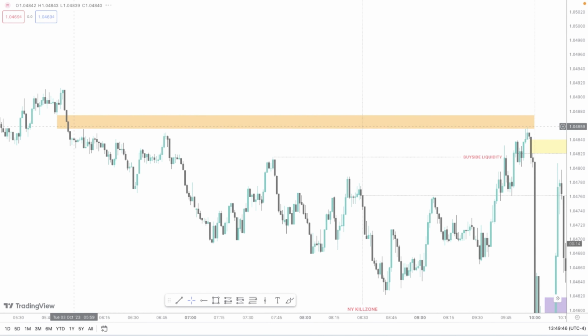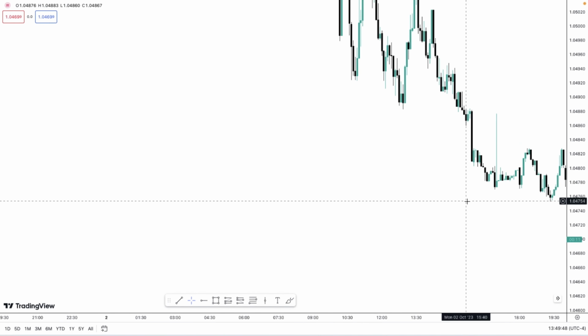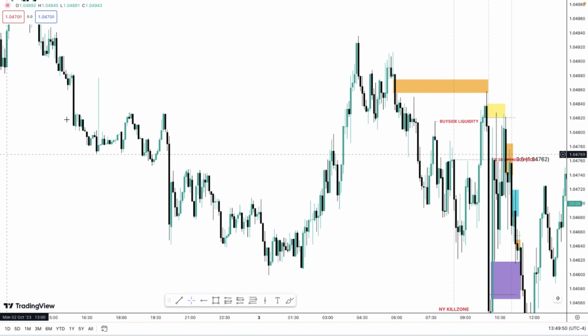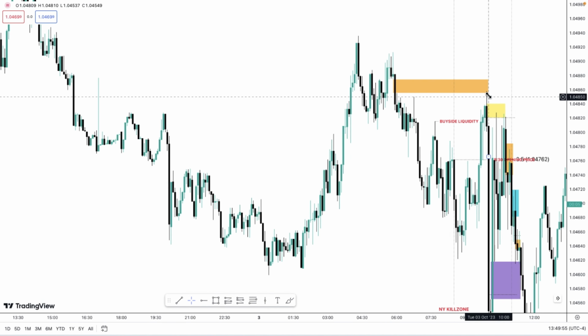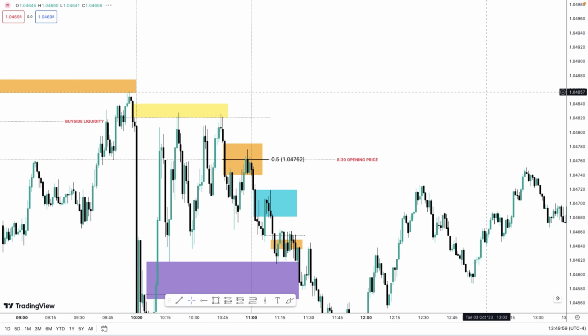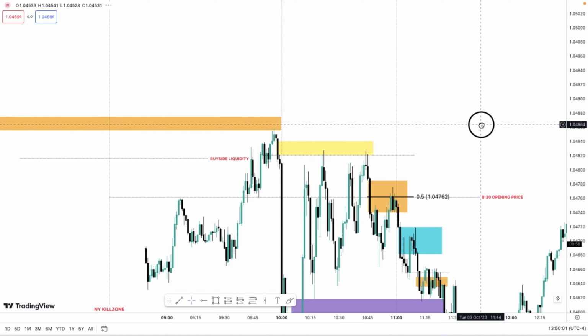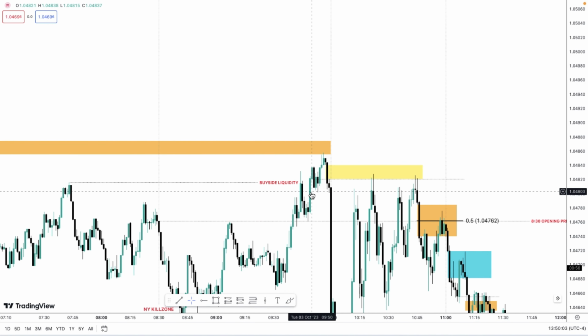So I'm gonna just quickly show you on the 5-minute. This 5-minute fair value gap. So we see price trading to a day on the 1 minute. So price trades to a day.